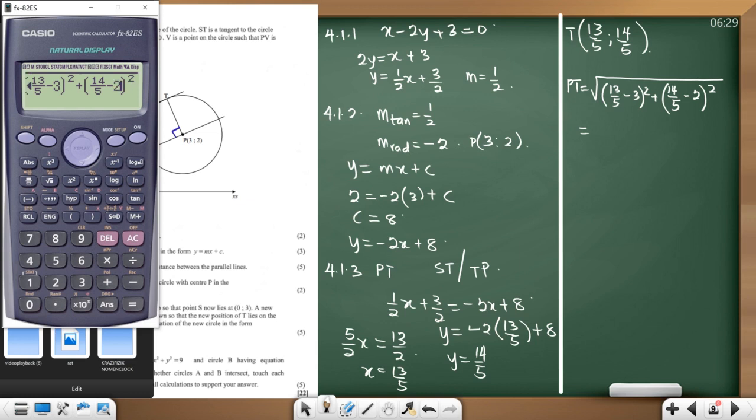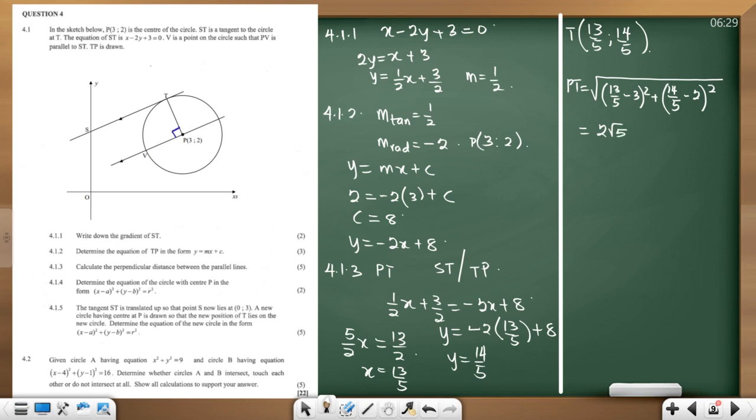No, I missed something. What's our answer? 2 root 5 over 5. Don't change it, just leave your answer like that, with units, except if you are told to write it in decimal. Beautiful.